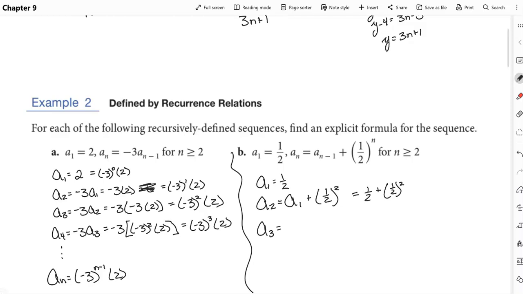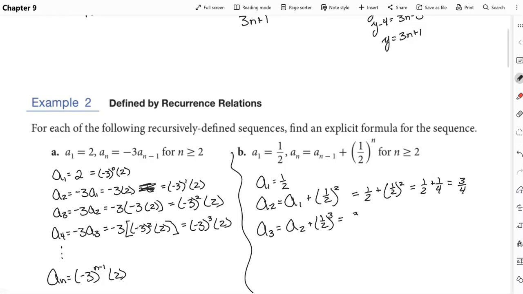Let's write out a few more and see if we need to tweak that. So A sub 3 is going to be A sub 2 plus 1/2 cubed. Let's go ahead and multiply that out. So we have 1/2 plus 1/4. So that's 3 over 4.